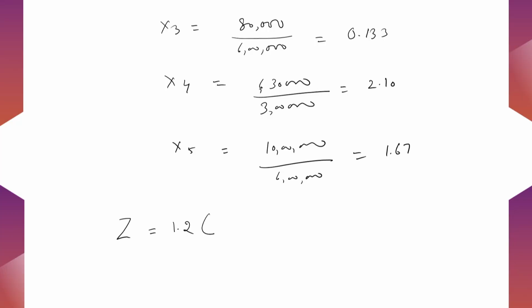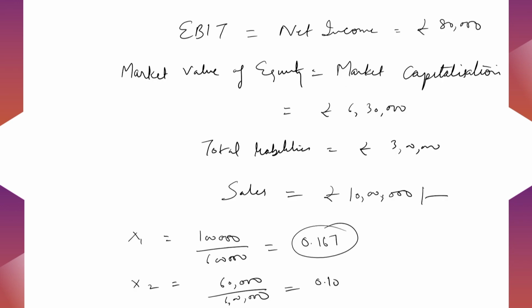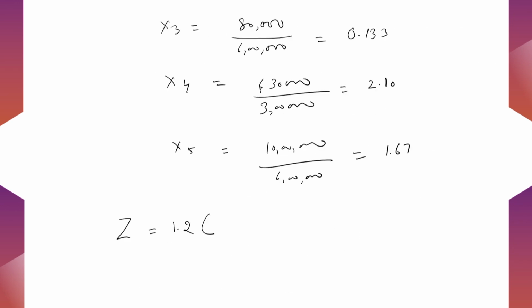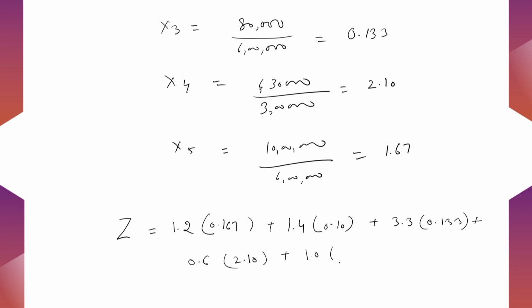1.2 into x1, which is 0.167, plus 1.4 into 0.10, plus 3.3 into 0.133, plus 0.6 into x4, that is 2.10, plus 1.0 into x5, 1.67.